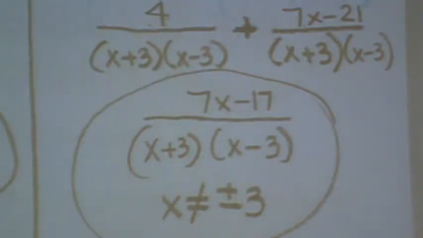The next 3 should be a piece of cake for you right now. What's your common denominator? 2x. So what do you have to do? Times it by 2. The x and the 5.